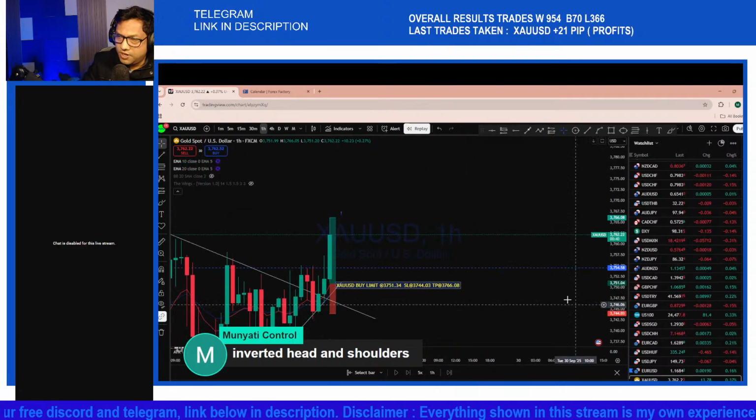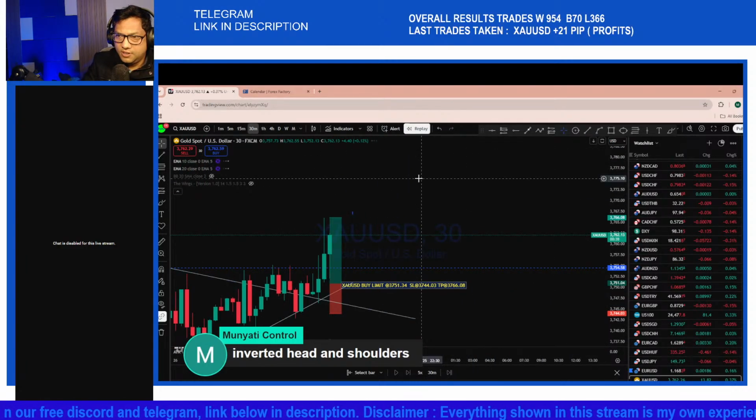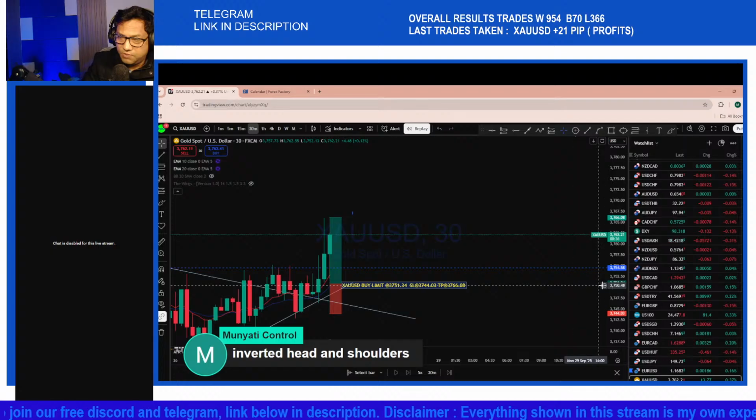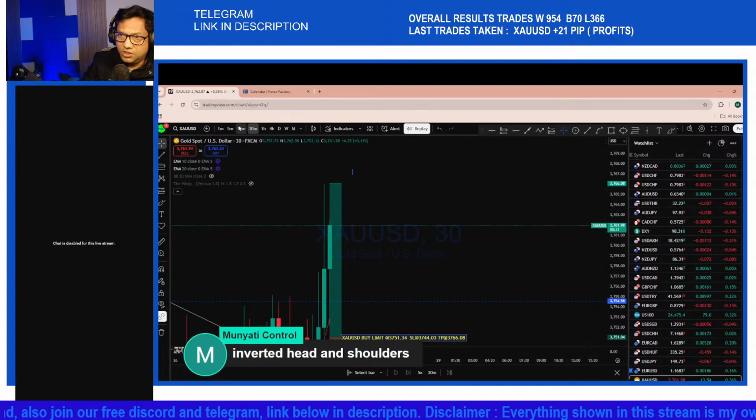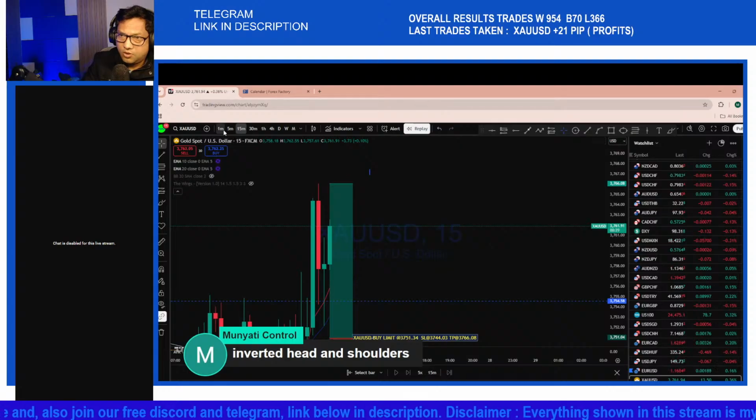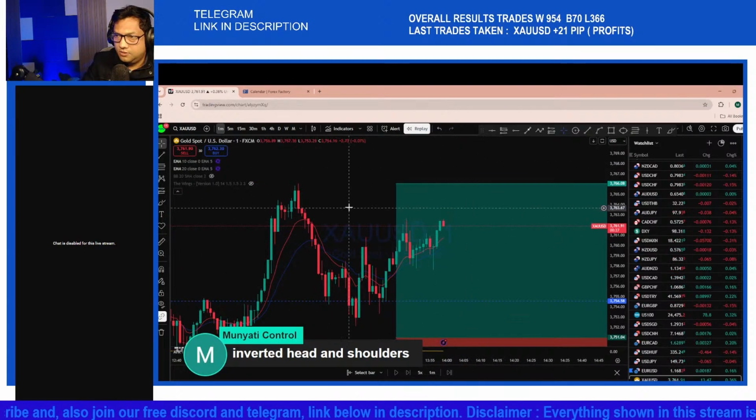This is smart money trading. If you look at the market moving, that means the smart money is buying this market, and you can see the price is showing up accordingly.